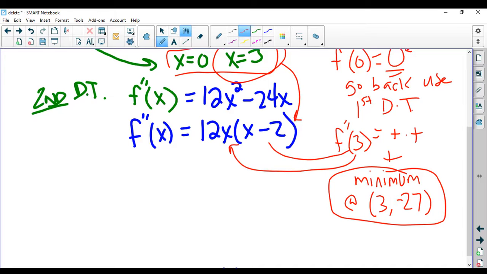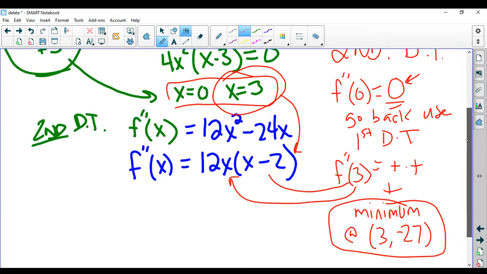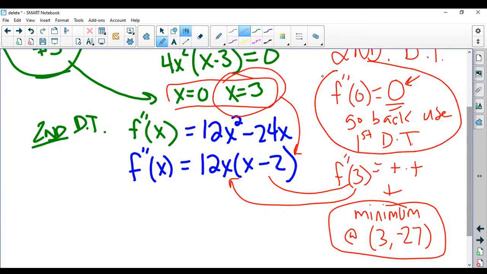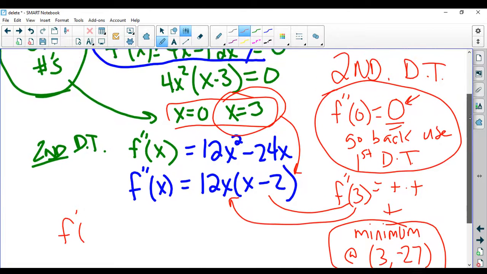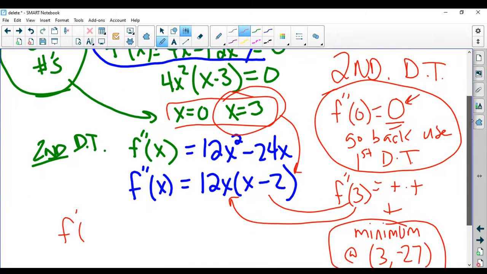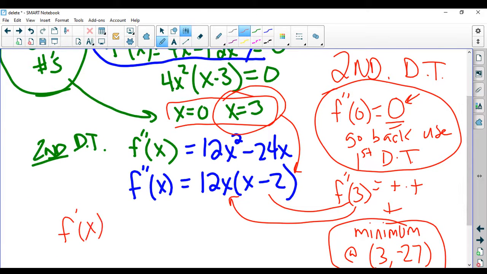Now going back to f double prime of 0, that was inconclusive because it wasn't positive or negative. So when it says go back and use the first derivative test, we're going to concentrate on our first derivative, which was 4x squared times x minus 3.